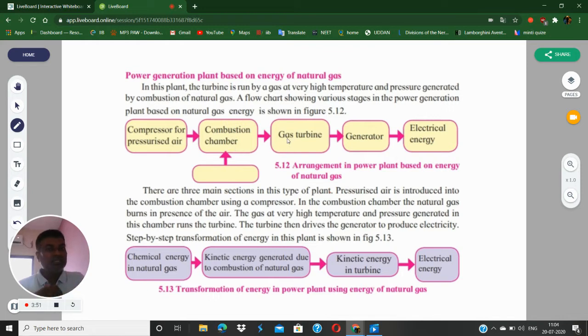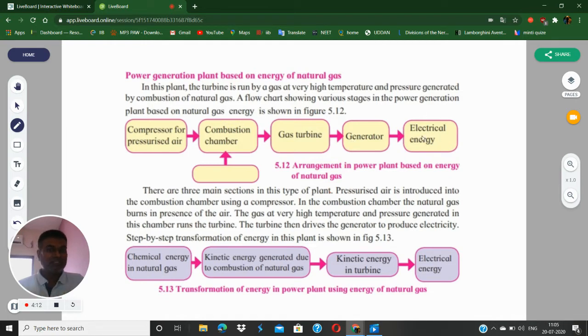Due to that, the turbine rotates, that is, it drives the turbine. And the turbine is connected to the generator, which you know is a special kind of device that converts mechanical energy into electric energy.